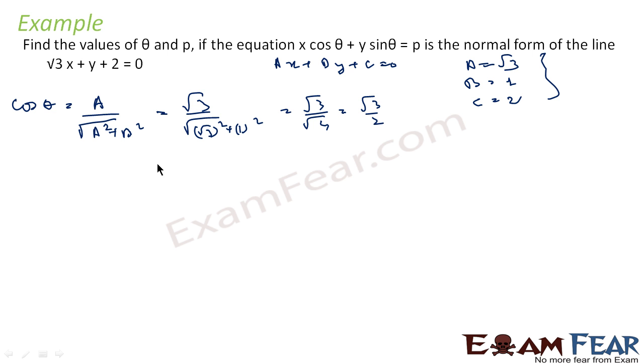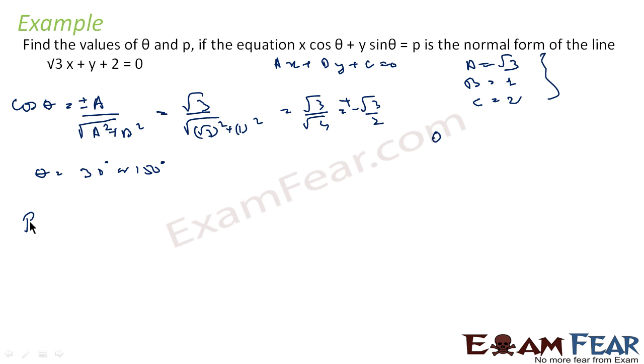So we get theta is equal to 30 degree or 150 degree. Why like this? Because this is plus minus root 3 by 2. So theta can be 30 degree or 150 degree.